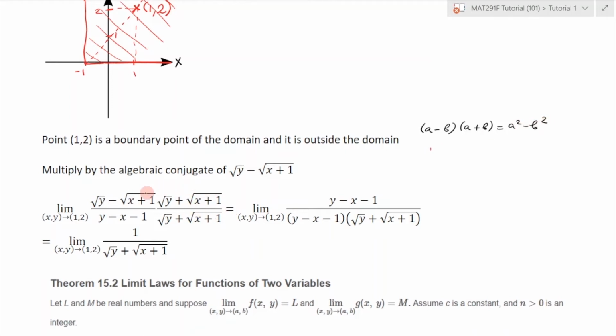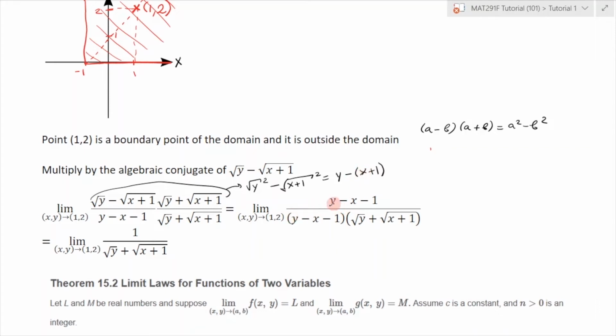So then this becomes square root of y squared minus square root of x plus 1 squared. This is equal to y minus (x plus 1), and that's it.